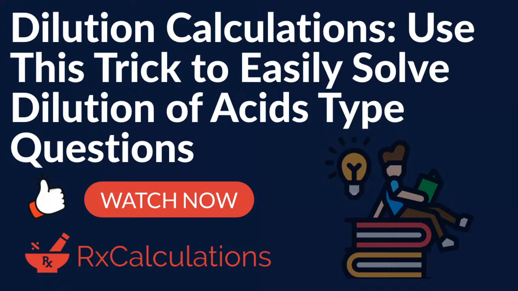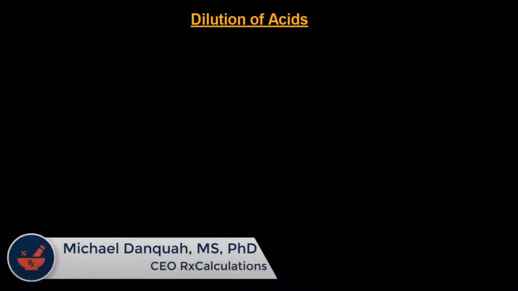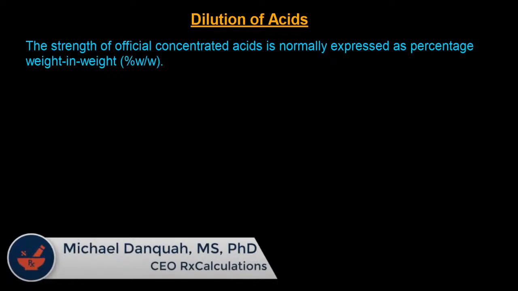But before we begin, I just need to give some overview on what really pertains when it comes to dilution of acids. When you talk about dilution of acids, you encounter this situation where your concentrated acids are expressed in terms of percentage weight in weight.